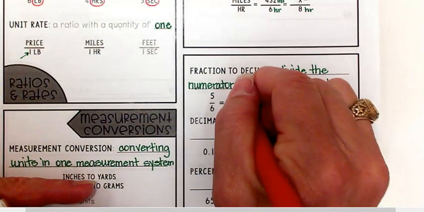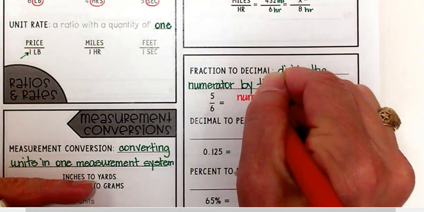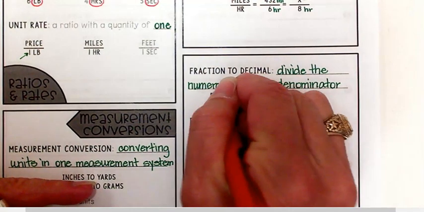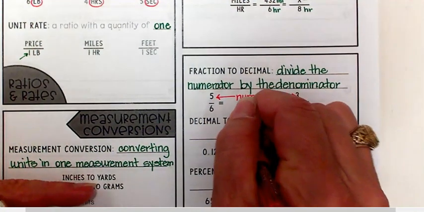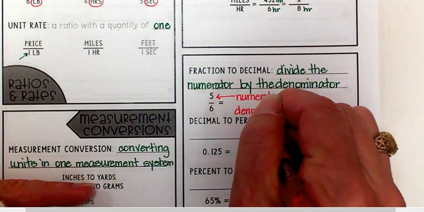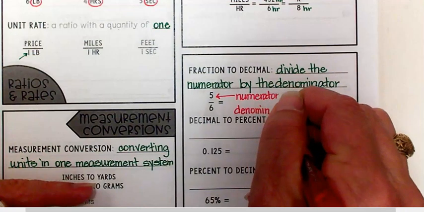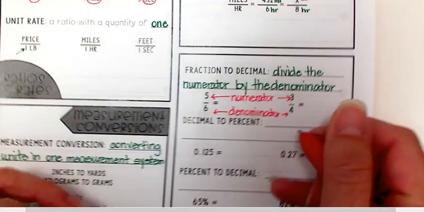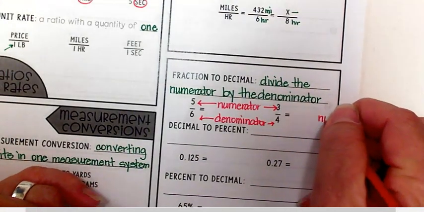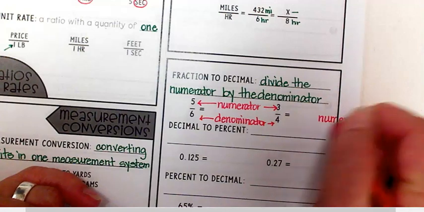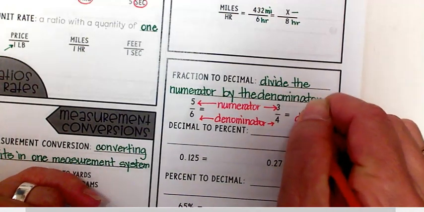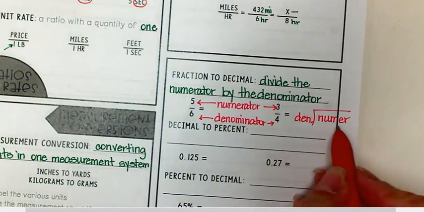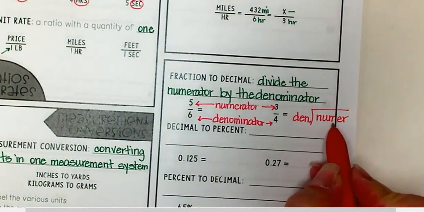The numerator is the top number in your fraction. The denominator is your bottom number in the fraction. So you are going to have numerator divided by denominator. That's how you set it up. Even if the numerator is a smaller number, you still put it inside.